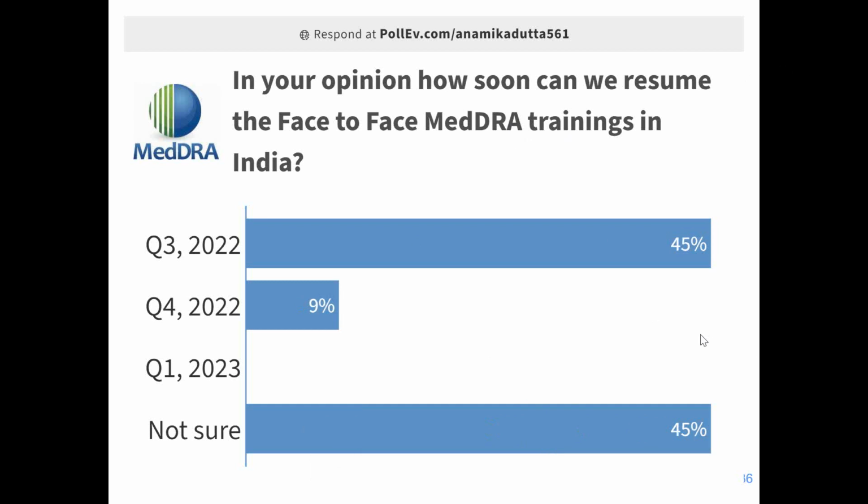Okay. I see a lot of you are not sure about it, and I understand that. 43% of you are expecting, let me wait a bit, it's a bit unstable. That's getting interesting.